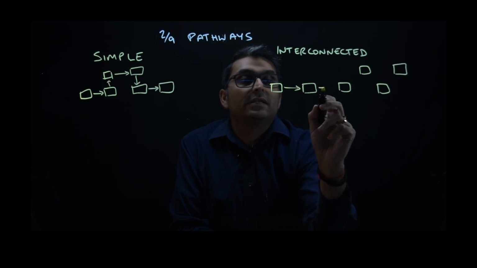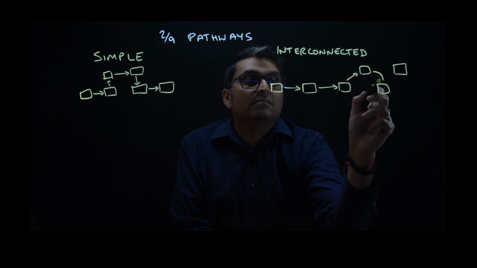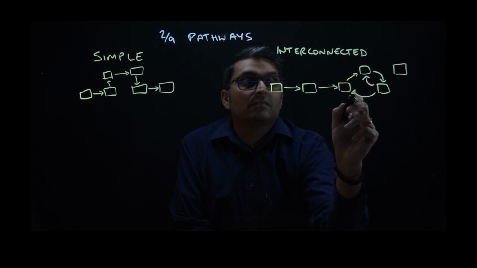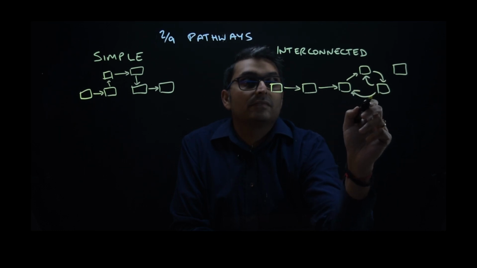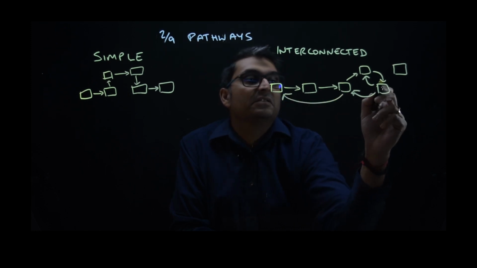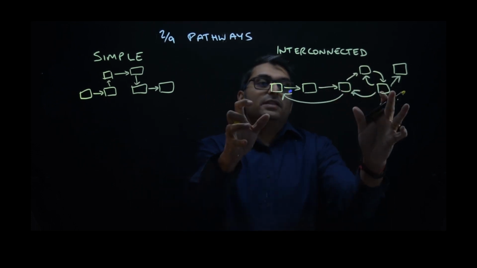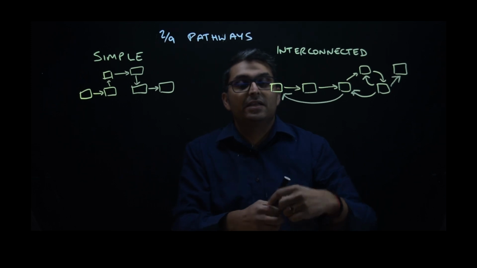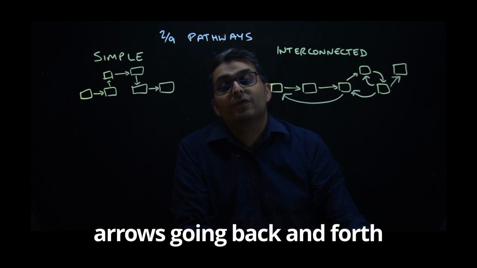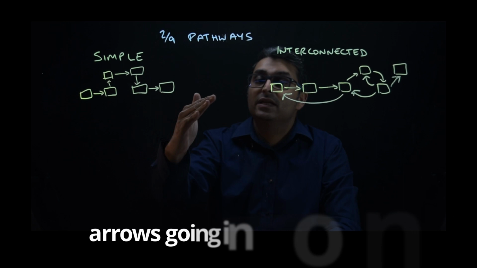That goes there, that goes there, that comes down, and that goes that way as well. So as you can see, it's all interconnected. There are arrows going back and forth, whereas in the simple pathway, the arrows are going in one direction.